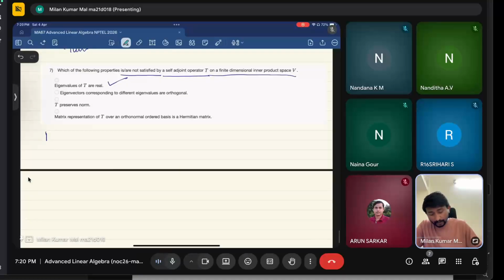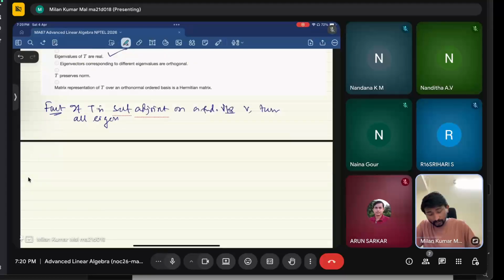First fact is that if T is self-adjoint on a finite dimensional inner product space V, then all eigenvalues of T are real.